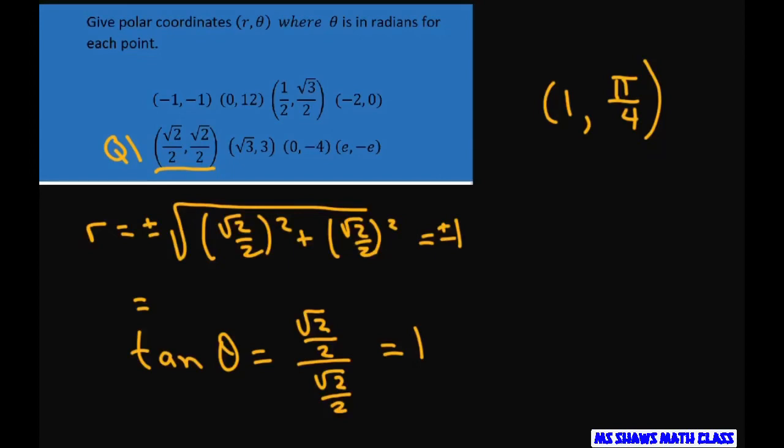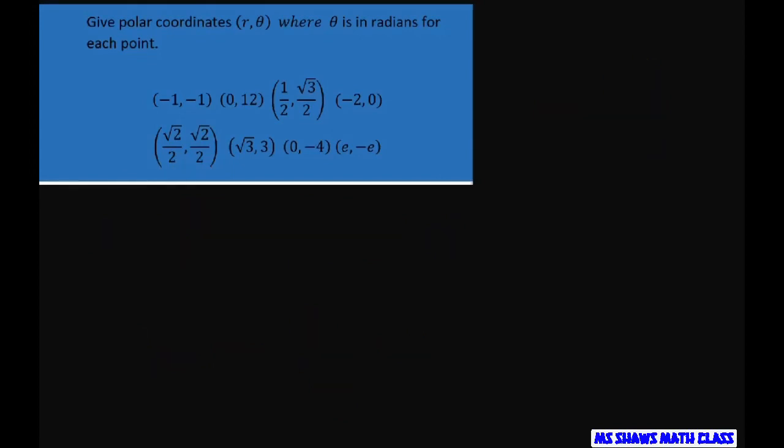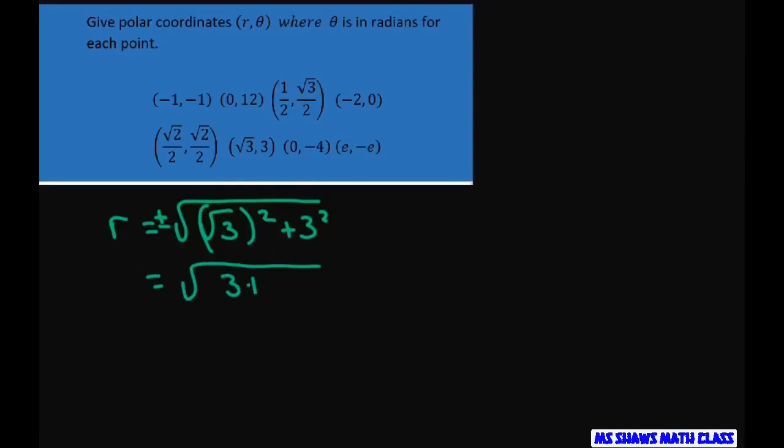Right, the next one, we have r equals the square root of (√3) squared plus 3 squared, plus or minus. So this equals the square root of 3 plus 9, which equals the square root of 12. And we can write this as plus or minus 2√3. We'll go ahead and take the positive.